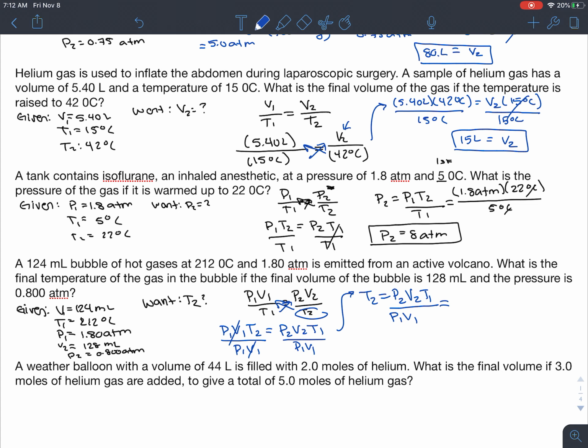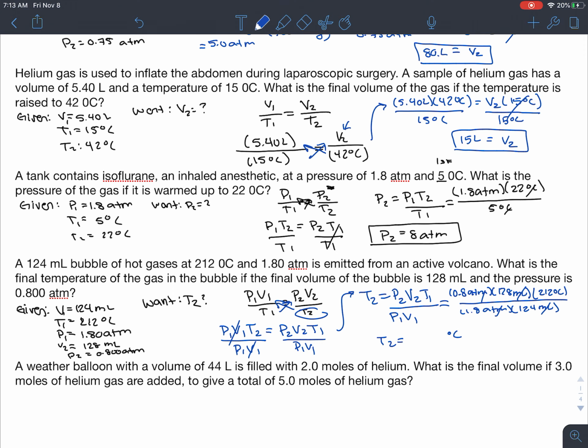When you're looking at your values, there does not need to be anything that has to be converted, so you just plug in. So your second pressure is 0.8 atmospheres. Volume is 128 milliliters. Your first temperature was 212 degrees Celsius. And then you divide all that by your first pressure, which was 1.8 atm, and your first volume, which was 124 milliliters. You can even double check. Milliliters cancel, atm cancels.